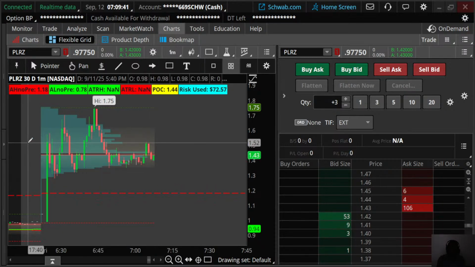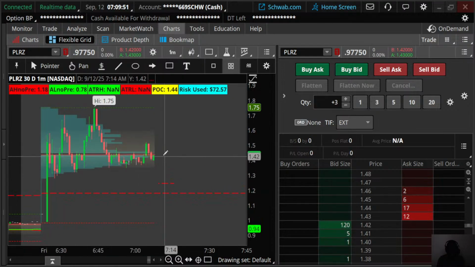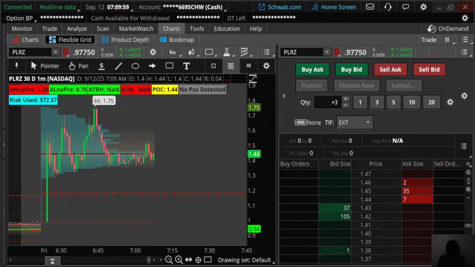Okay, so this one's right back where it was trading at first, this 152 level. So I guess it's all about the probability now. Can it get back over this 152? Has a lot of shares traded in here around 144. So we'll see how that does.